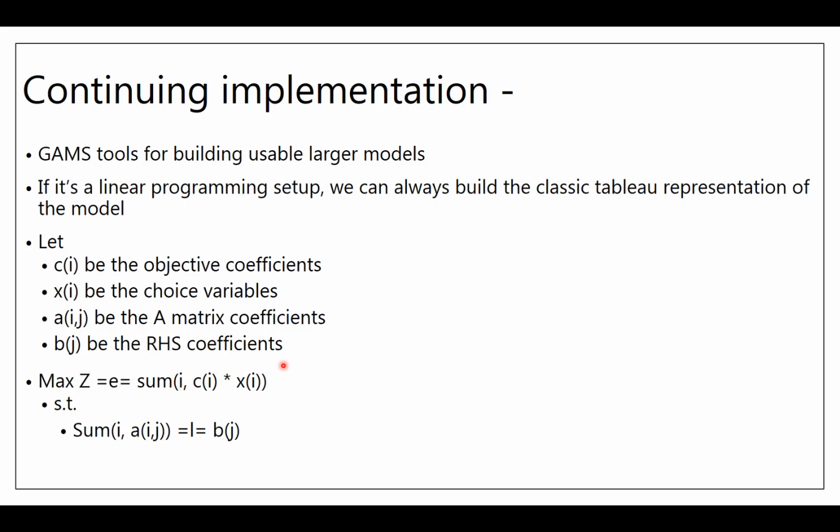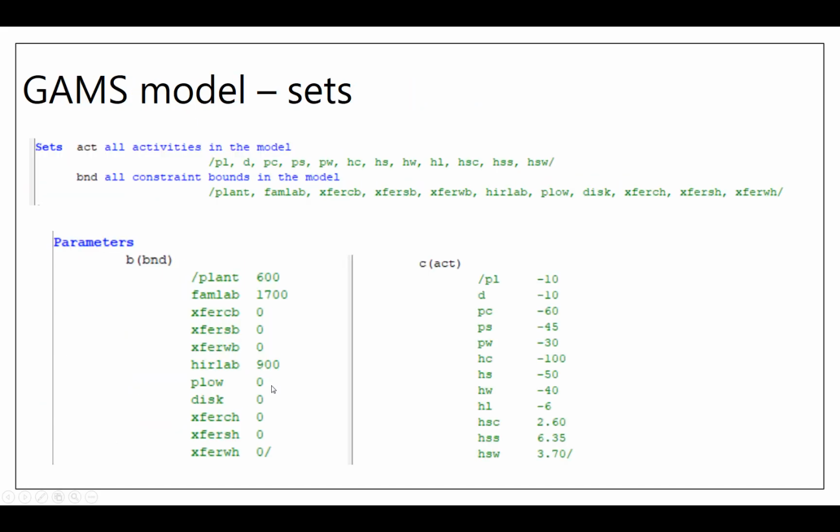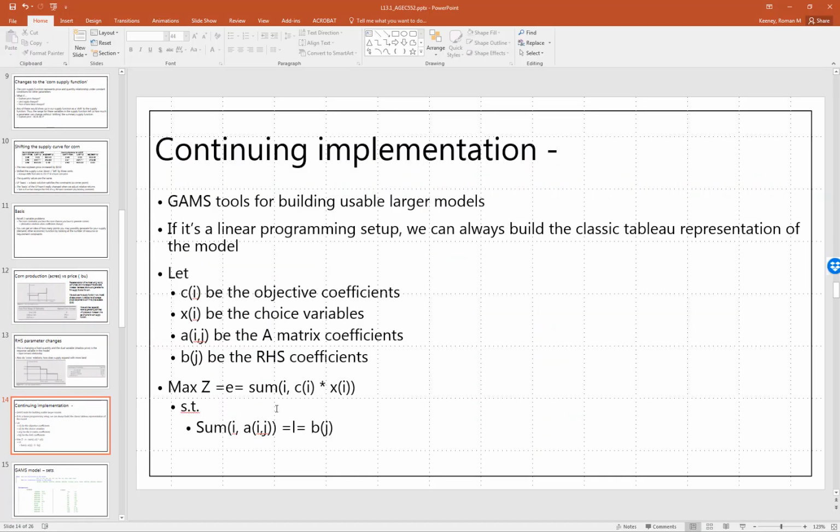And then let B sub J be all of the right-hand side coefficients. And then you can compactly write the linear program letting Z be the objective. Z is equal to the sum of coefficients times the activity level, subject to, for all J, there's J of these constraints. Sorry, I didn't put the for all J at the right-hand side here. Summing over the I, the activity level of Aij, and it looks like I also forgot, that's worth editing. Oops. Here.